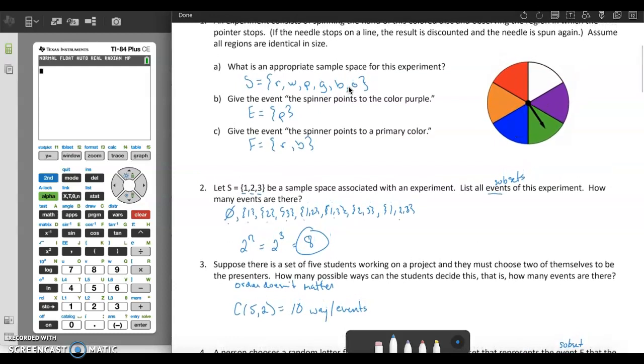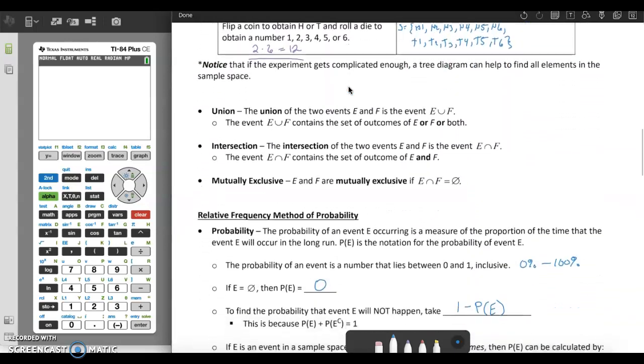If we go back to number 1, event E, the spinner pointing at the color purple, that would be a simple event, right? It only contains a single element. Whereas F has 2 elements, so that would not be considered a simple event. So each one of the colors individually would be a simple event, and if we added all of those up, we would get a probability of 100%. That's the whole spinner. So that's the idea of what a simple event is.